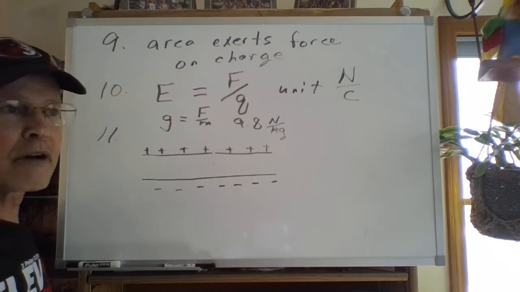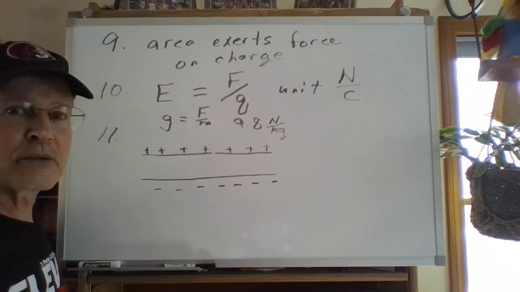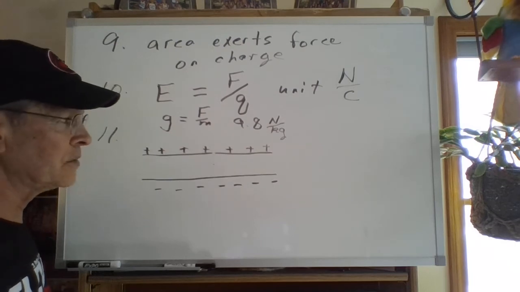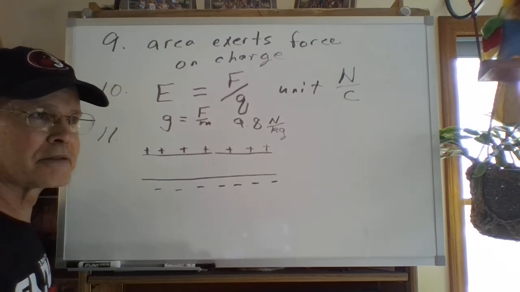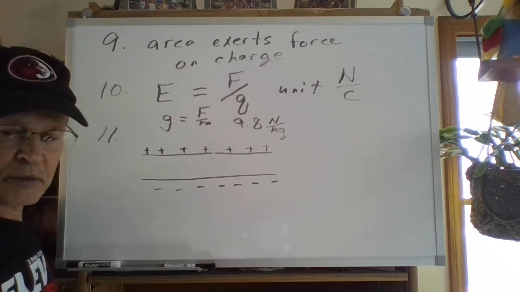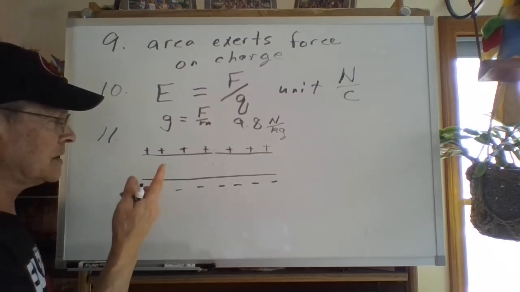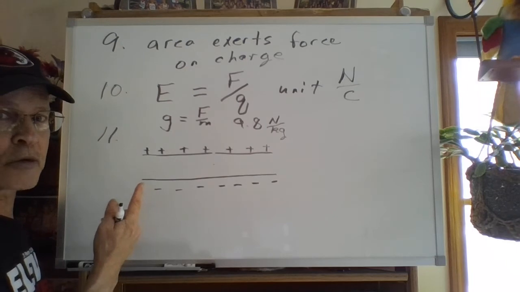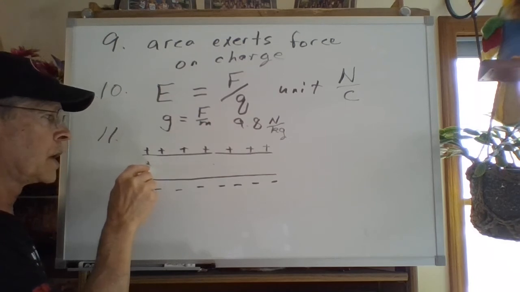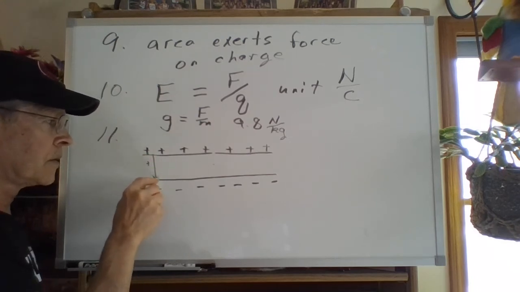Well, we can draw lines to represent this force. Just by convention, we've all agreed that if we put a little positive charge between those plates, we draw a line that represents the direction it would be pushed. If I had a little positive charge right there, which way would it go? It would go down.